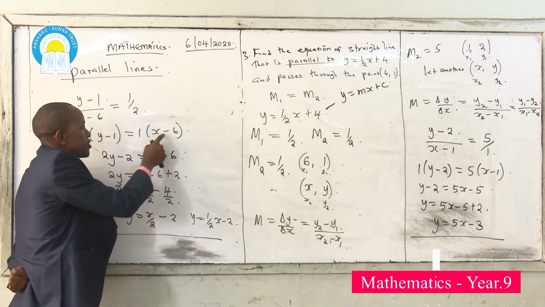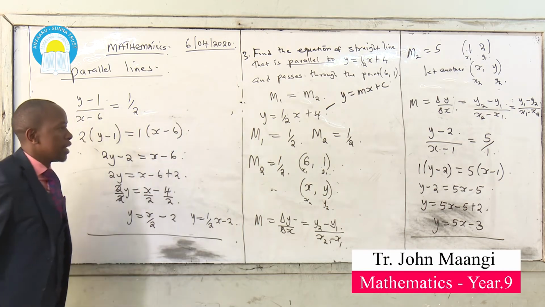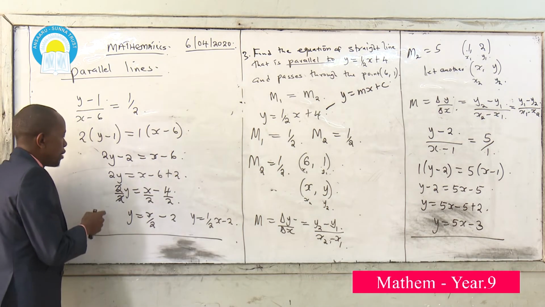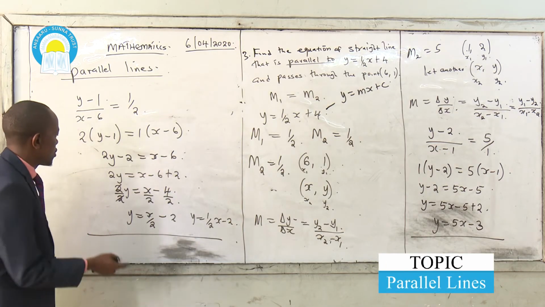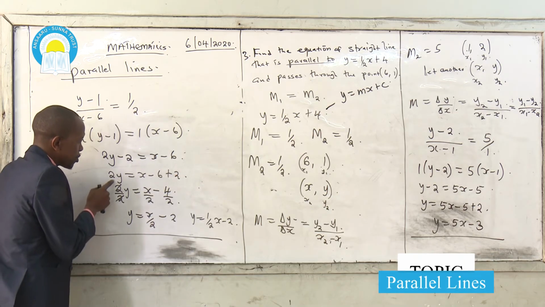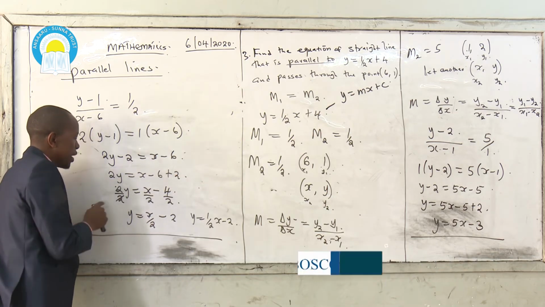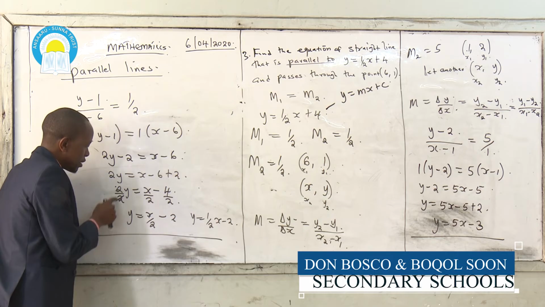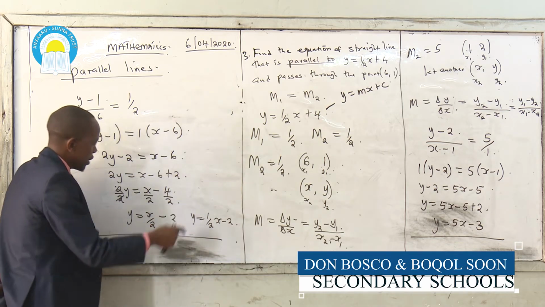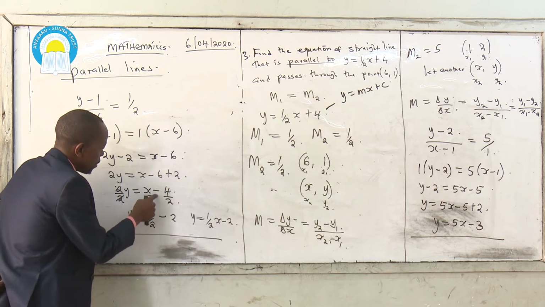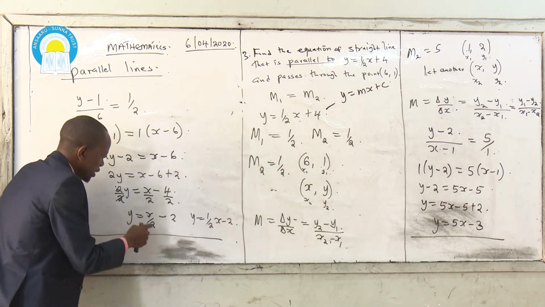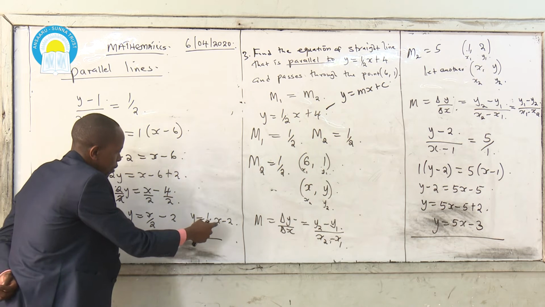And 1 times negative 6 gives us negative 6. Now I have to make the equation in the form y equals mx plus c. That's why I started by dividing both sides by the coefficient of y, which is 2. Now y equals x over 2 minus 4 over 2. Now it is a half x minus 2.